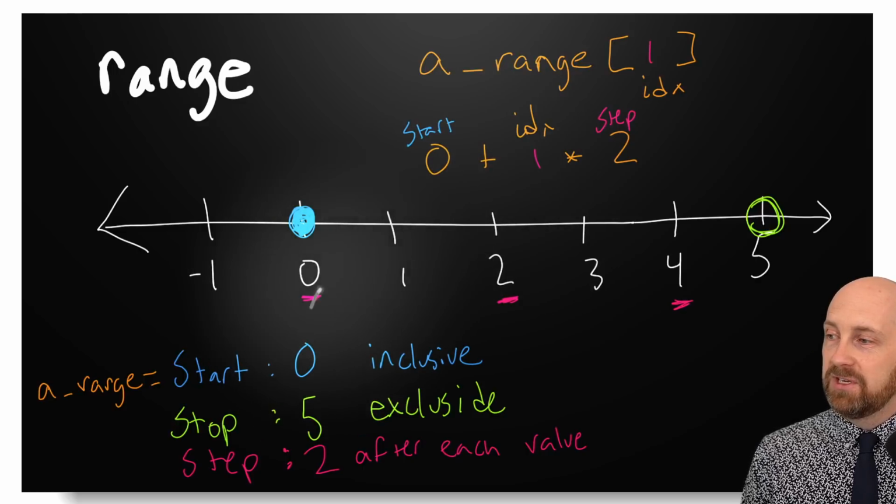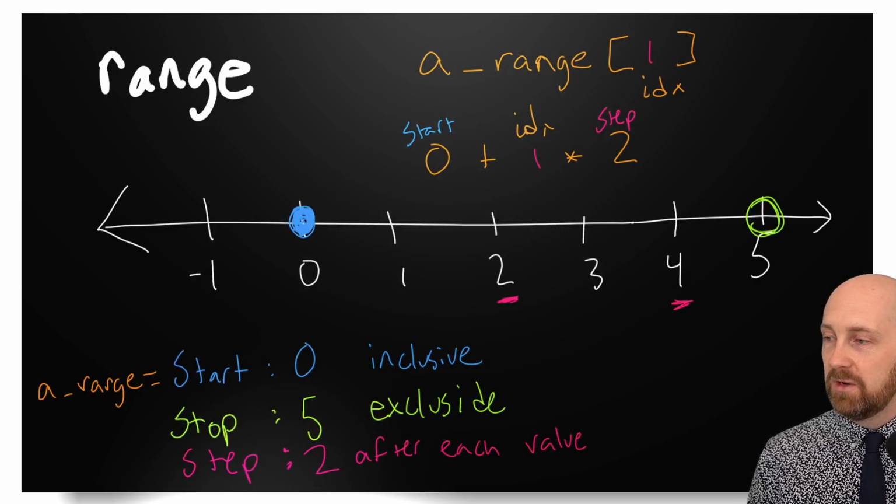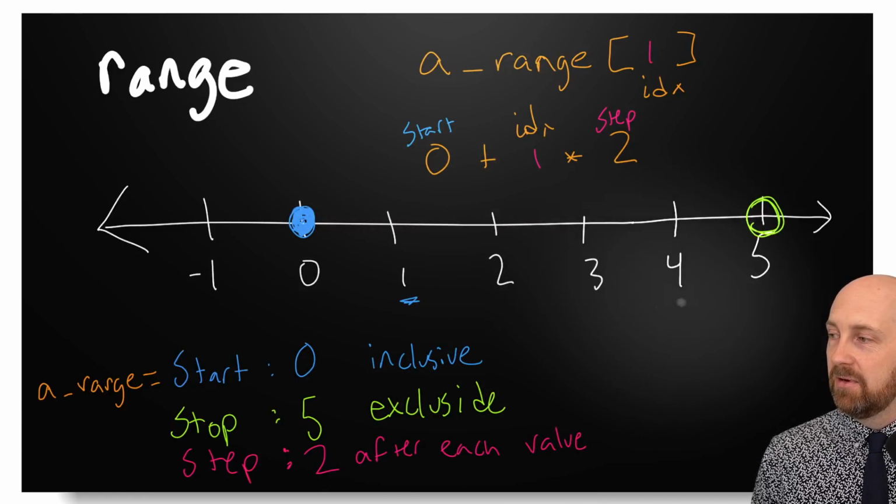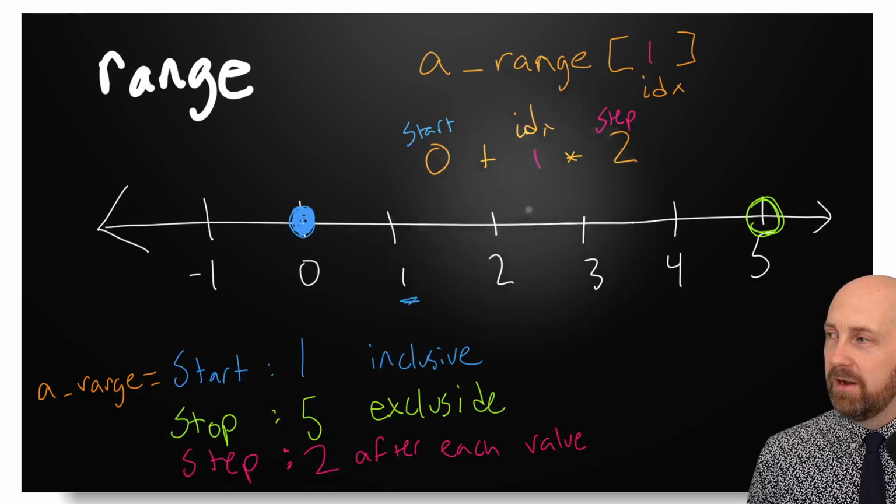And this works even if we said, what if we started from, say, 1? So what if our start was 1 instead of 0? Well, we would need to update our calculation a bit.